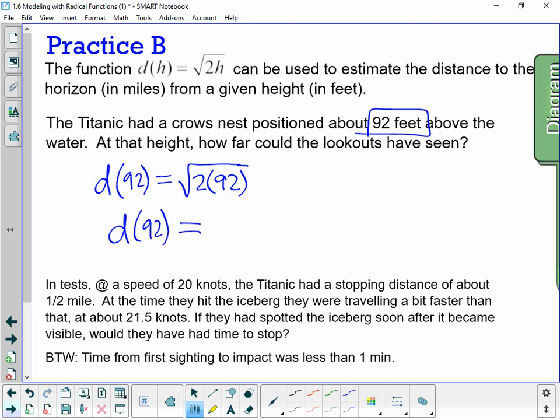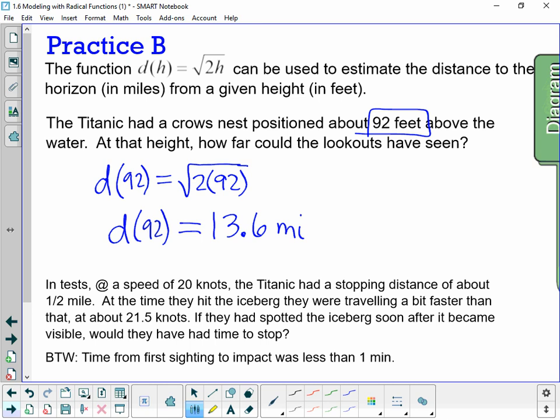This is function notation, and if that 92 looks weird, it's just saying the distance from a height of 92 feet. So if we calculate the square root of 2 times 92, we find that it is 13.6 miles to the horizon.